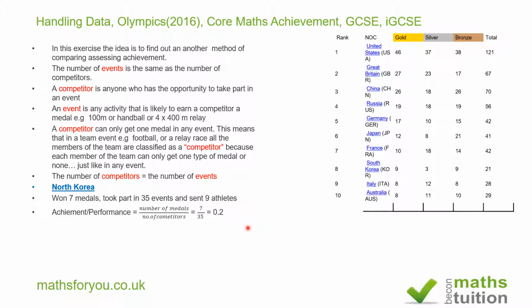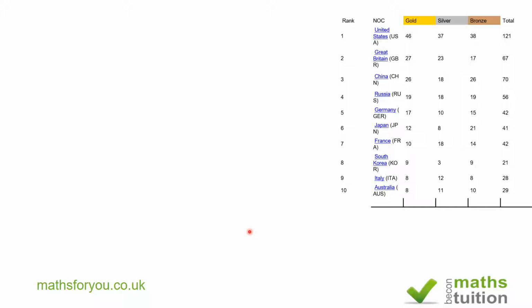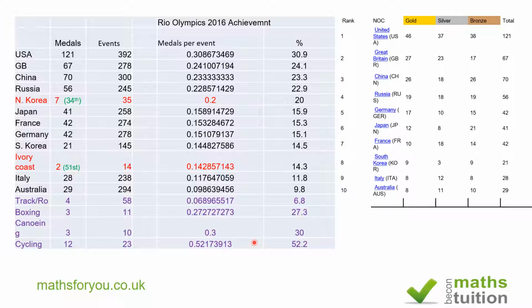Okay. Now, to look at this in more detail, I'm going to present the IOC's ranking against my method. Now, you can see here that the first 4 in my method agree with the first 4 in the IOC's ranking. That's USA, Great Britain, China, and Russia.